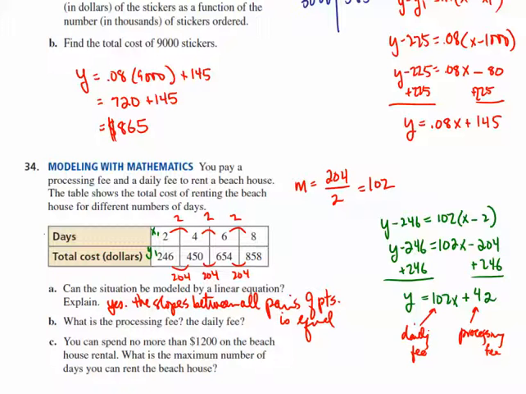All right. Now you can spend no more than $1,200 on the beach house rental. What is the maximum number of days you can rent the beach house? Well, one way we can do this, and there are a number of ways, is to just continue to move outward and add on 2 more days. We'll have 10 days then.